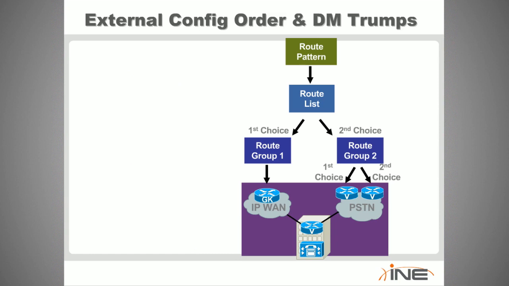So looking at the external call routing configuration order, and also where we can perform digit manipulations for external PSTN, or, I suppose, whether it's an ITSP, a gatekeeper trunk, a SIP trunk over to another cluster we have, T1 into a PBX, E1 PRI into the PSTN, whatever it is we're doing, we're calling external to the cluster.